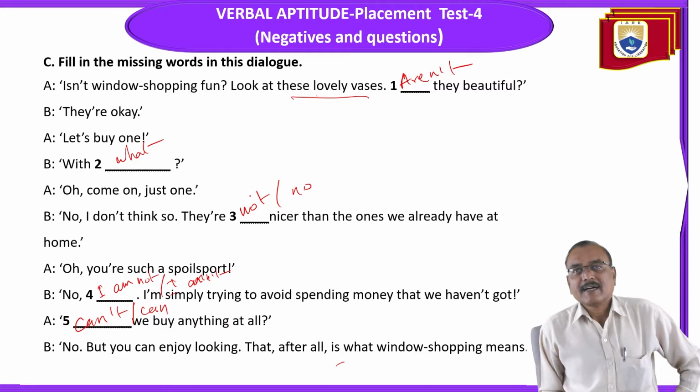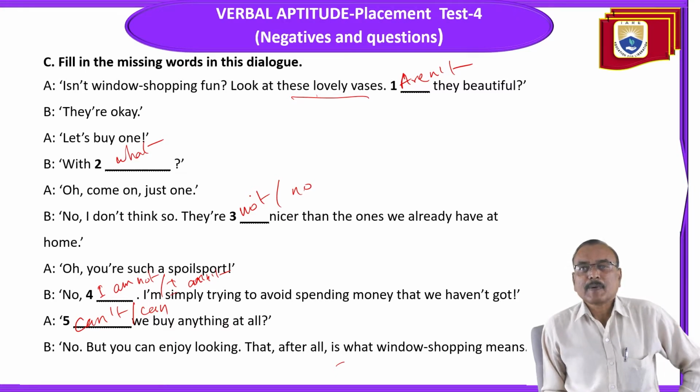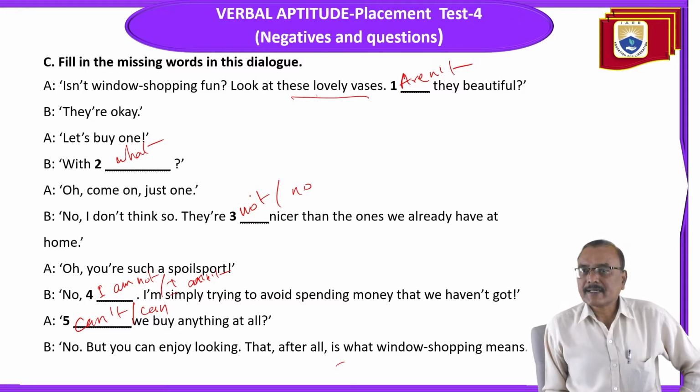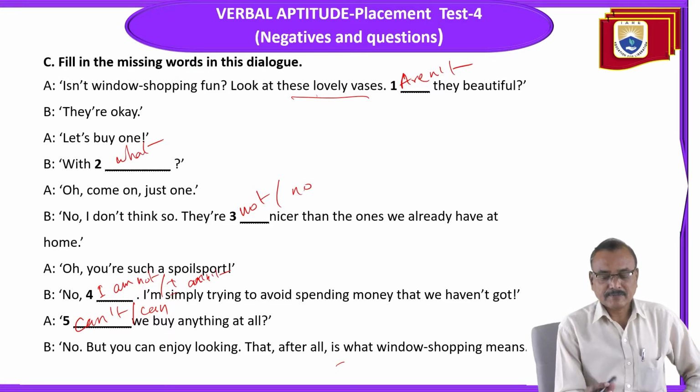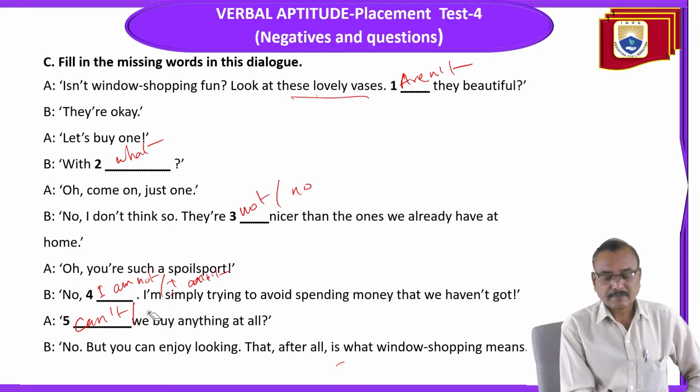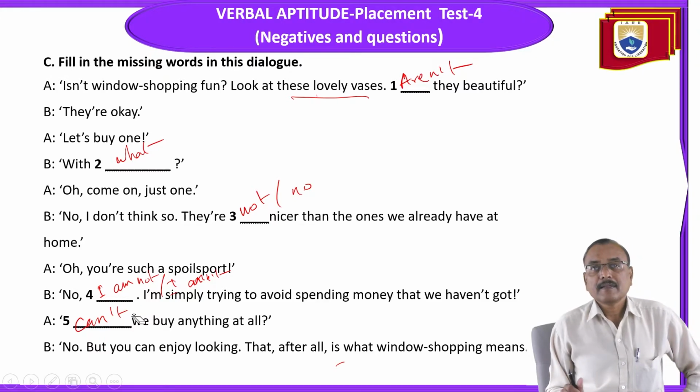Oh, you are such a spoiled sport. No, I'm not. I'm simply trying to avoid spending money that we haven't got. So, can't we buy anything at all? Or can? So, can't we is preferable. Okay? Right?